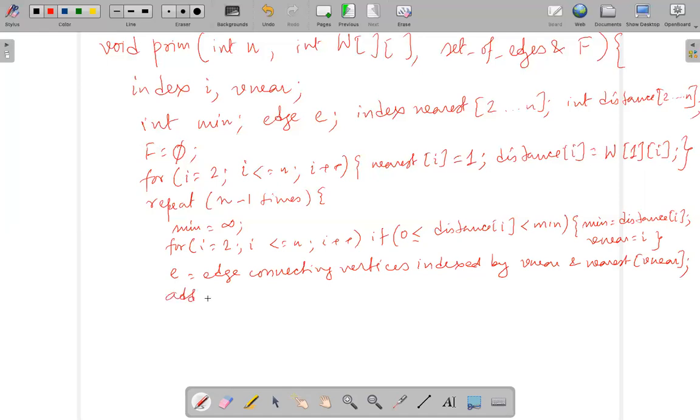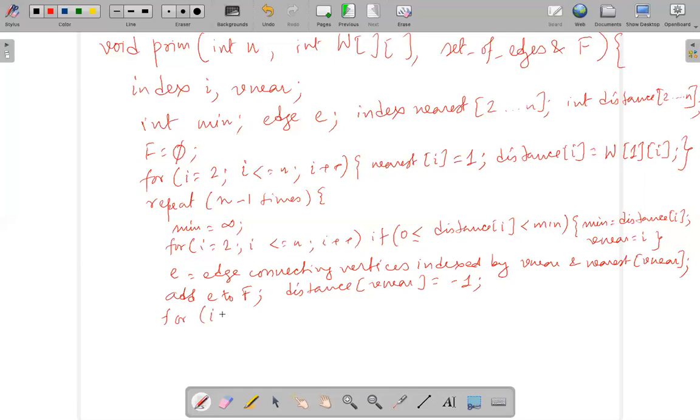Add e to F. At this point, you immediately make distance vnear equal to -1, so that this vertex is not considered anymore. Now you have to add the vertex vnear to Y, and accordingly update the two data structures, nearest and distance.